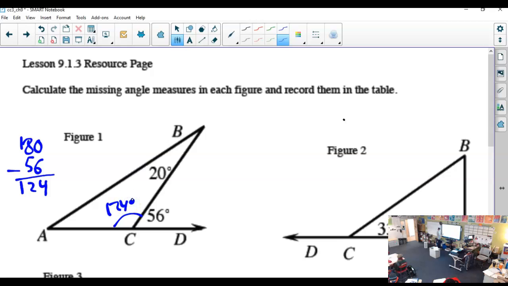And then for this one, you use the triangle angle sum theorem, and then you add these two, and then subtract all that.